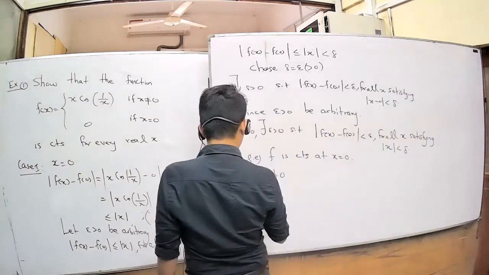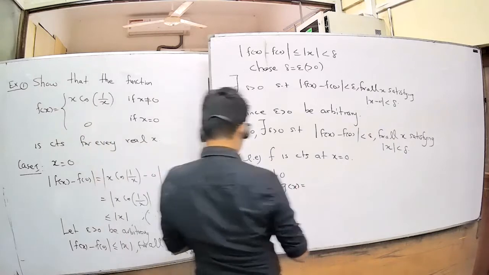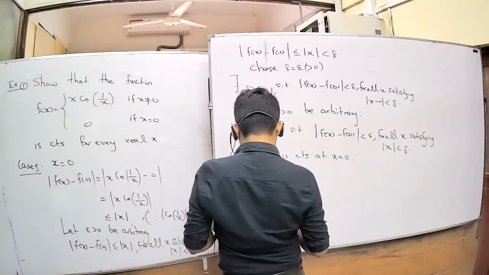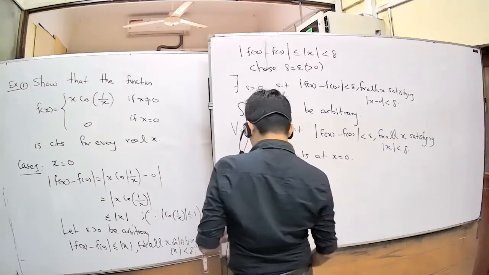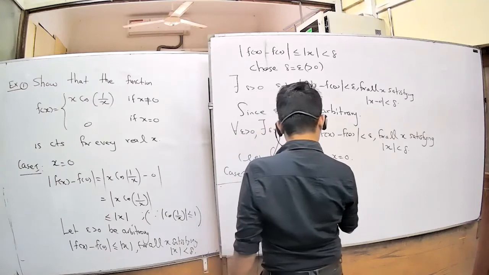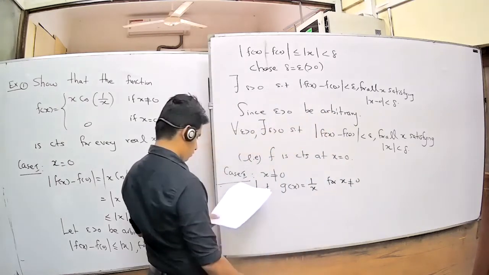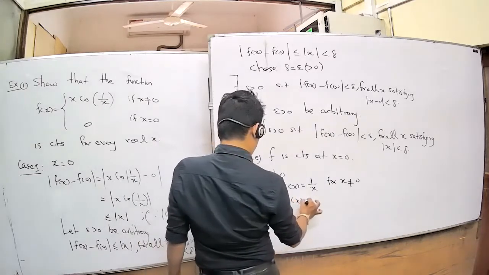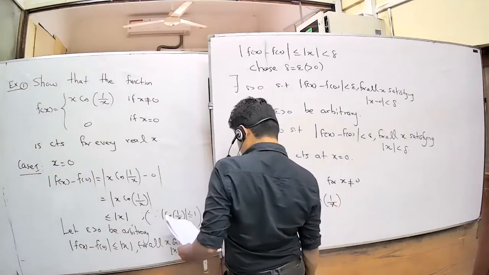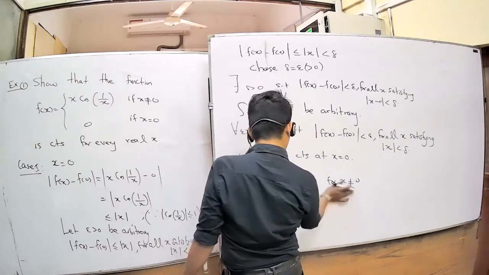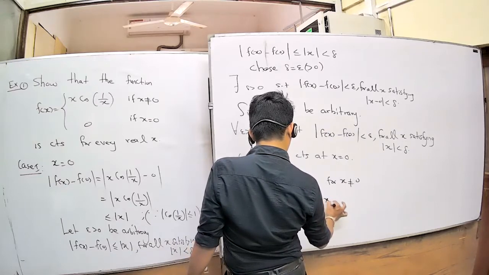For this case, you take one function, g of x equal to 1 over x, which is well defined since x is not equal to 0, and also h of x equal to cos x.